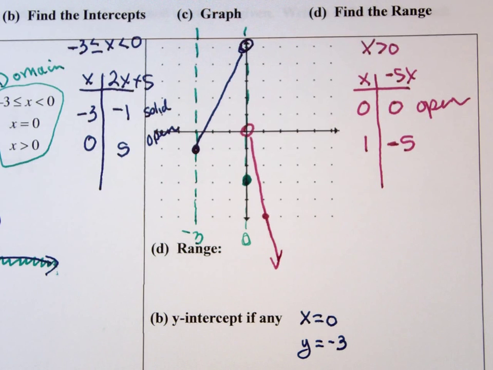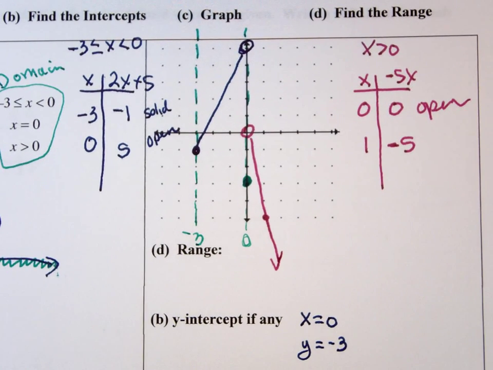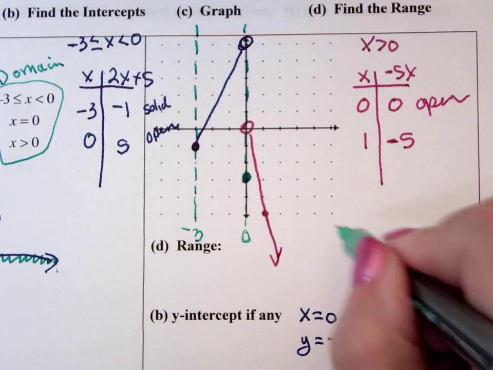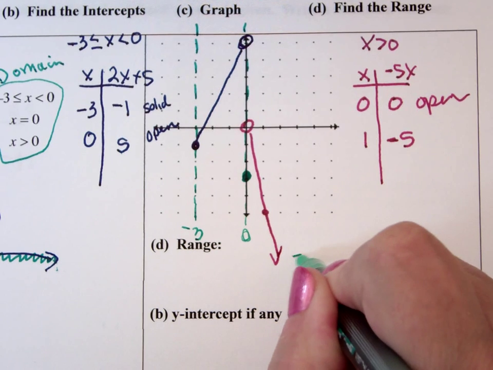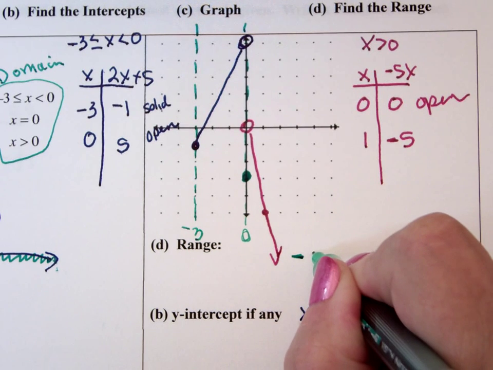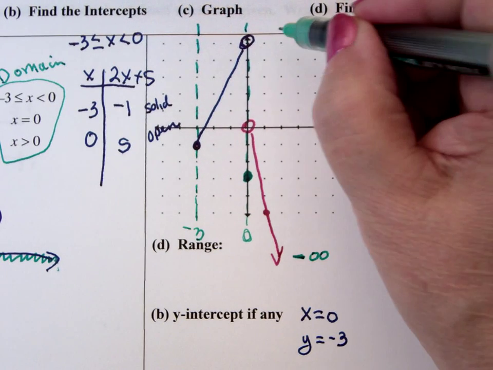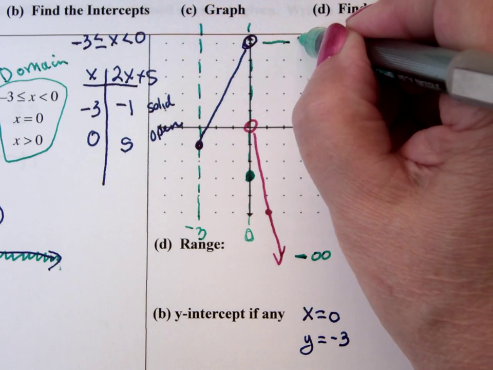That's an icky looking graph. What's the range on this graph? Looks like it starts at negative infinity and then stops where? At 5, right?